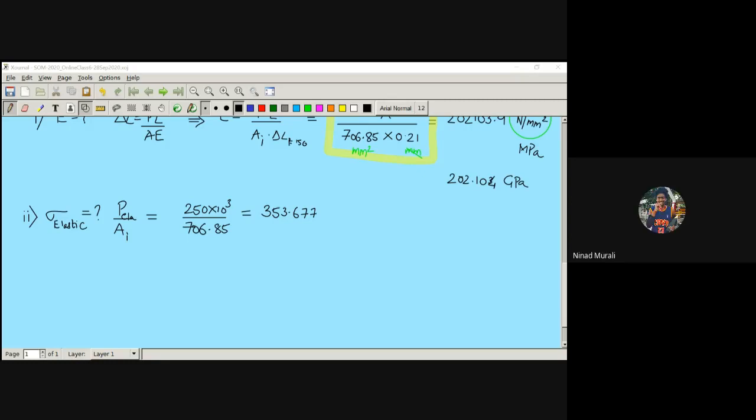Newton per millimeter square, not meter square, or MPa. So 353.677 MPa. Wherever possible, maintain three decimal places. Second decimal place also you can sometimes use.